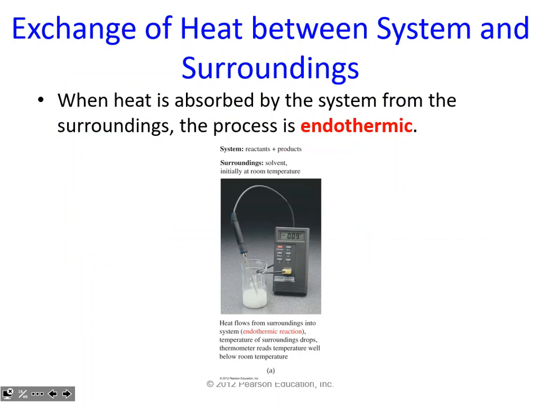So if it's endothermic, what do you know about what happens to the temperature? If you put two things together and they're reacting and the temperature decreases, it would be endothermic. You put two things together and the temperature increases, exothermic. So you always have to remember that the temperature probe or thermometer is measuring from the surroundings' perspective, because you have to be able to get the correct sign out of it.